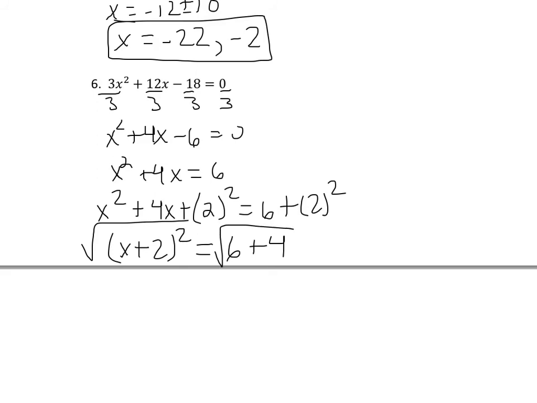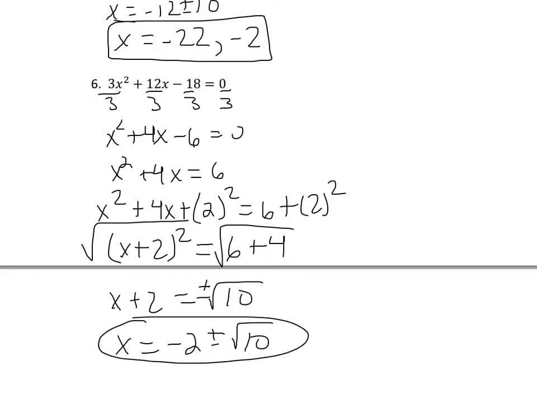Square root both sides. So you get x plus 2 equals plus or minus the square root of 10. Subtract the 2, you get x equals negative 2 plus or minus square root 10. There we go. Let's move on.